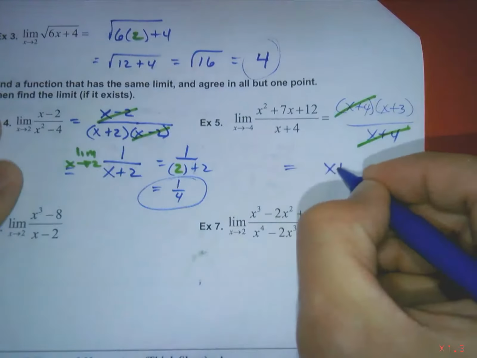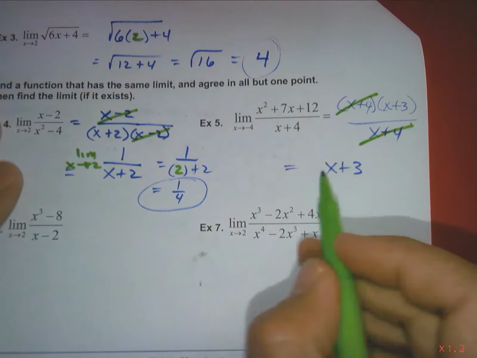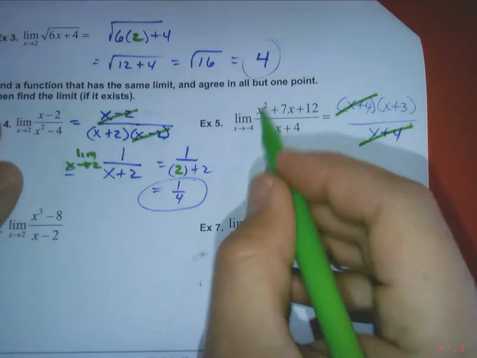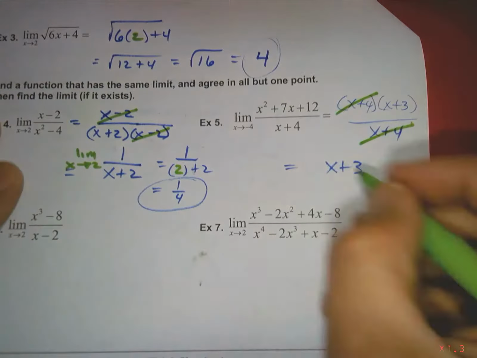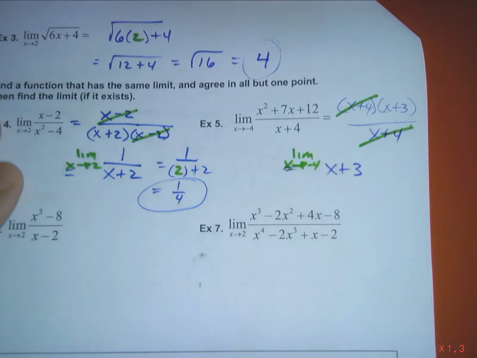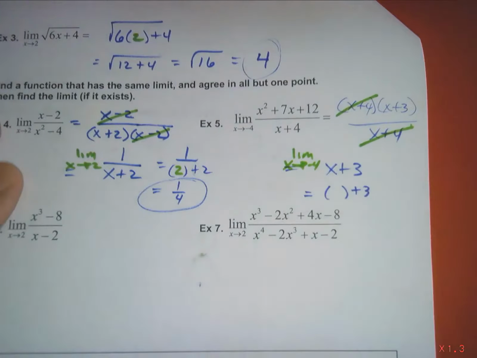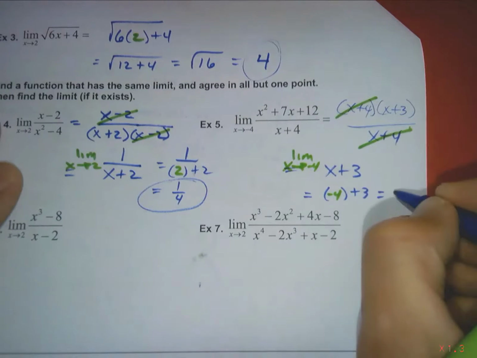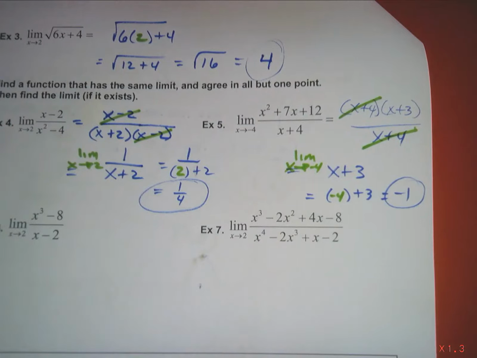So now my function that looks identical except in one spot is x plus 3. Okay? This is a line, and this one up here is a line with a hole at -4. I filled that hole in now. Now I can plug in the limit as x approaches -4. So I can plug in -4 there, and -4 plus 3 we know is -1. Boom.